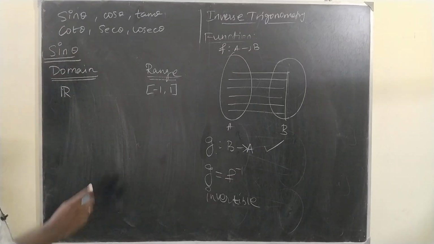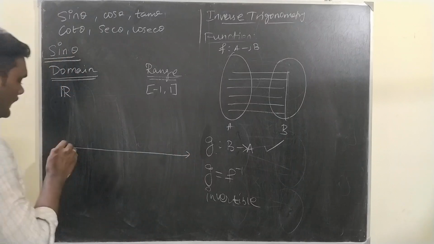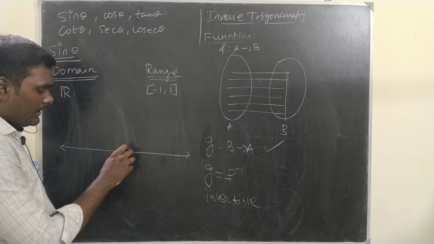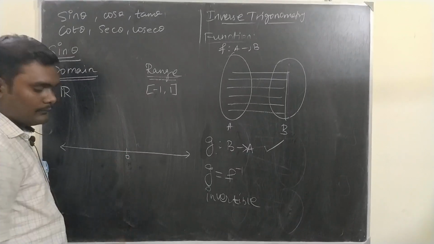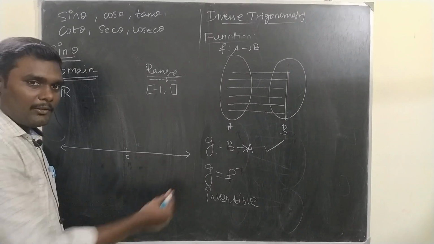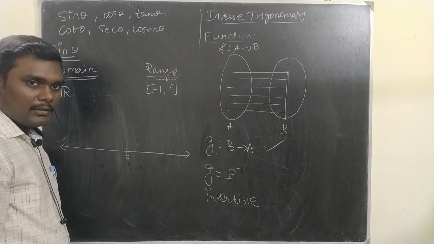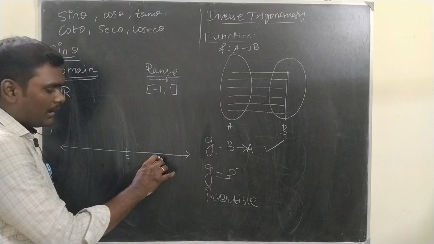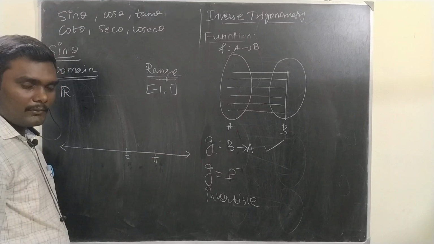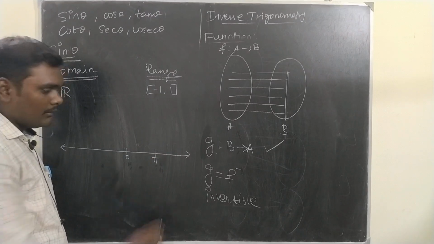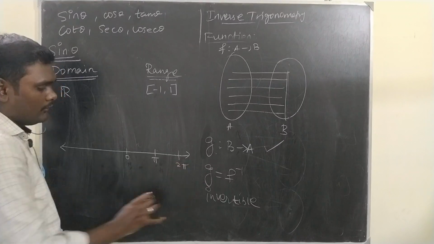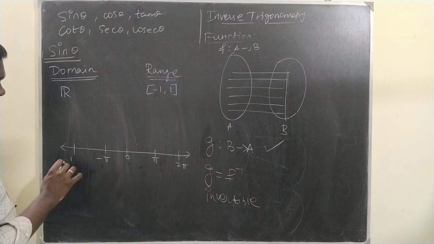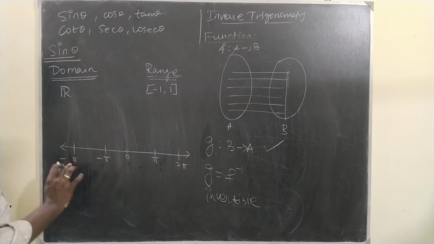Here I mentioned real numbers, which doesn't mean everything is a plain number. On the number line, we mark 0, and take units of pi: here pi, here 2 pi, here -pi, here -2 pi.